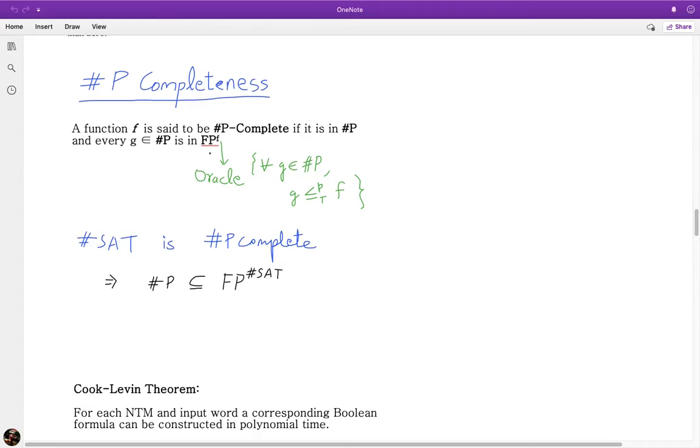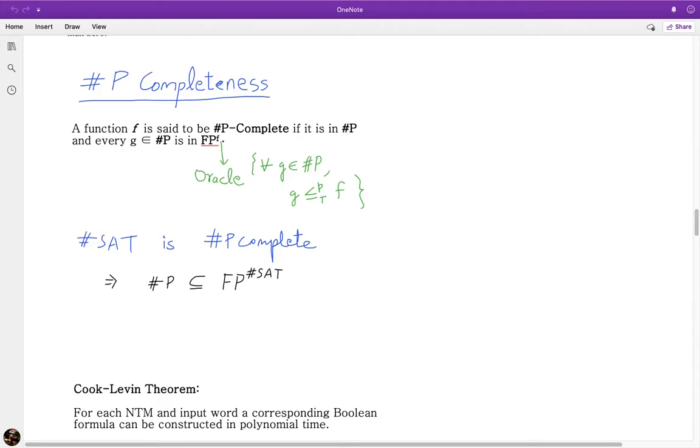What we are saying is, for a function f to be #P complete, first of all it has to be in #P, and then every other function g in #P must be polynomial time reducible to f. Here FP^f means a function problem which uses f as an oracle.